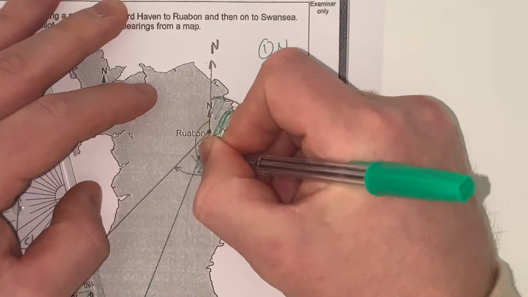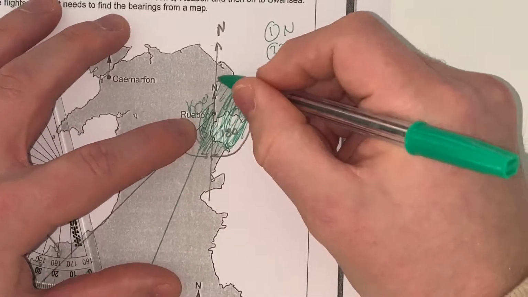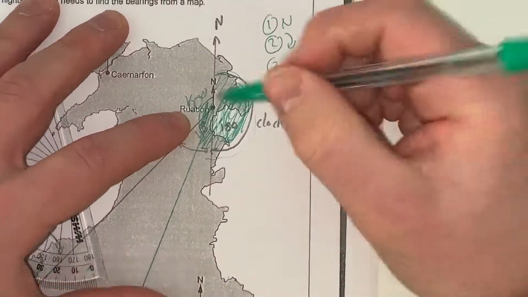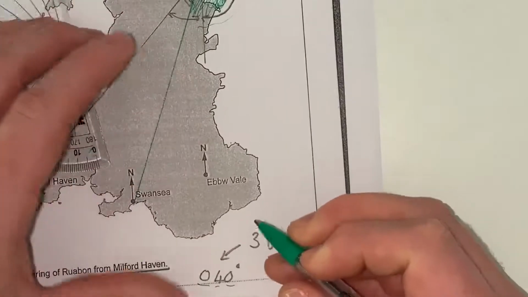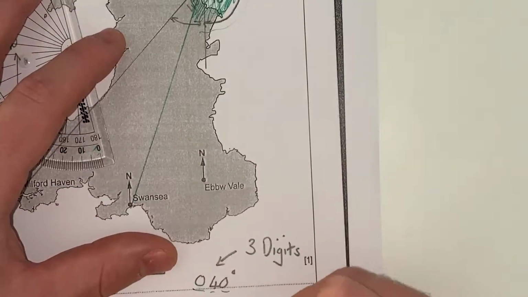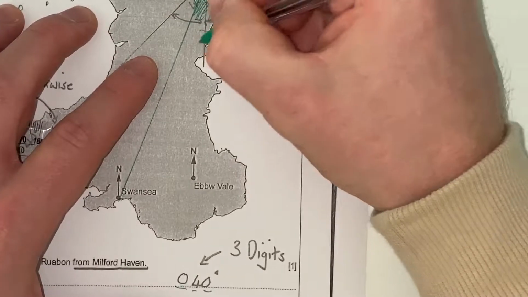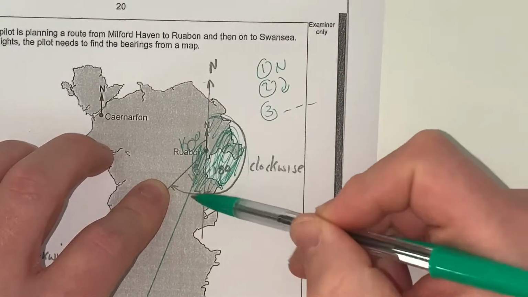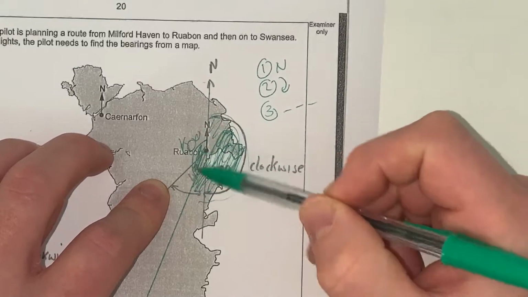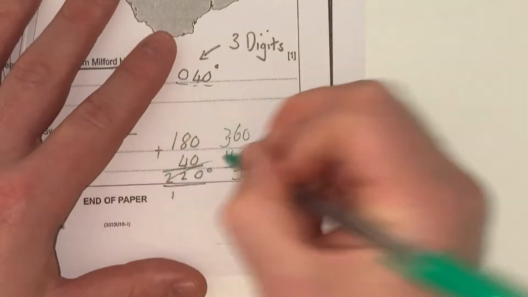So if I know all of this is 160, to find out the other bit, it's going to be 360 take away my 160 degrees, because all of it together has got to make a full circle. And if I take away the 160, that leaves me with the rest of the angle, which would be then clockwise. So it's obviously 200 degrees, not 220.